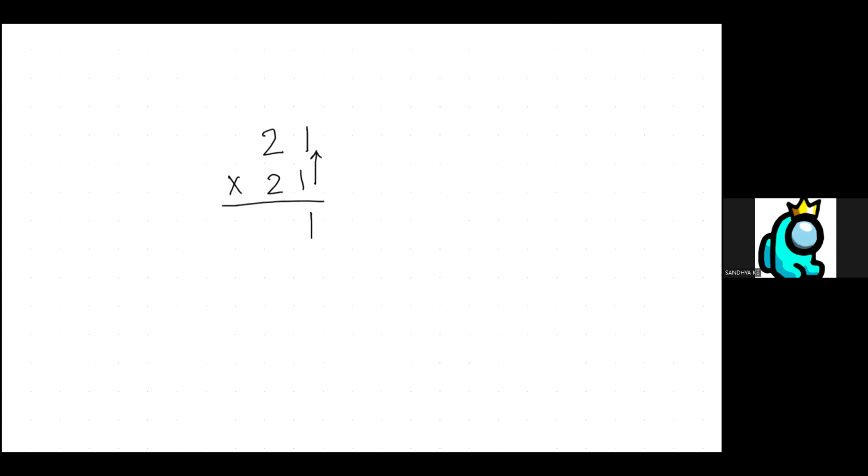Then you cross multiply and add: 1 into 2 is 2, plus 2 into 1, 2. So what is 2 plus 2? 4. So 4 will come in the middle. Then in the last step you do 2 into 2, that is 4. So 21 squared is 441.